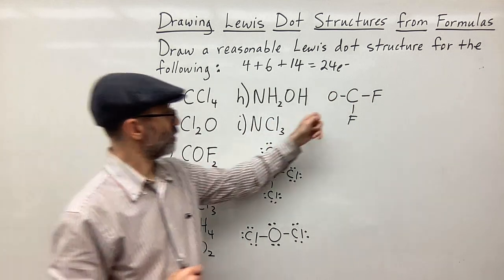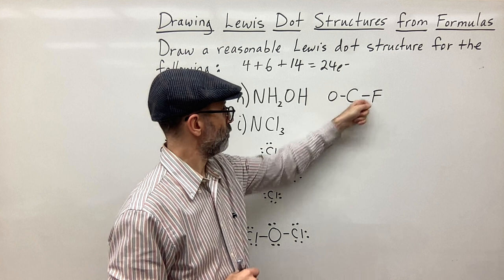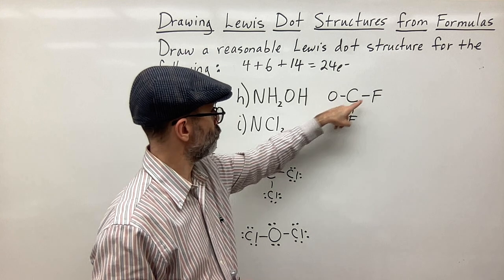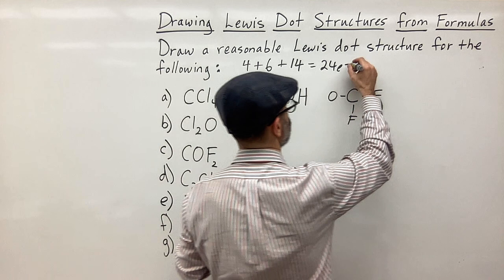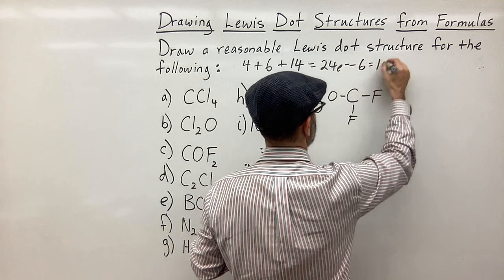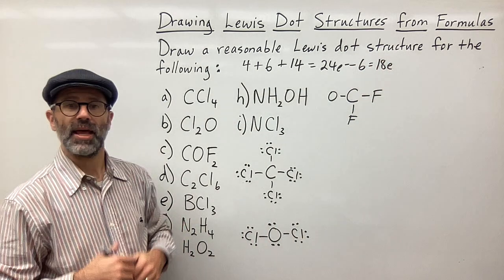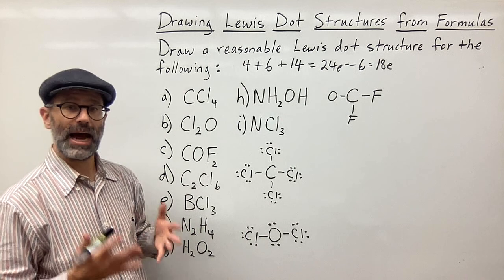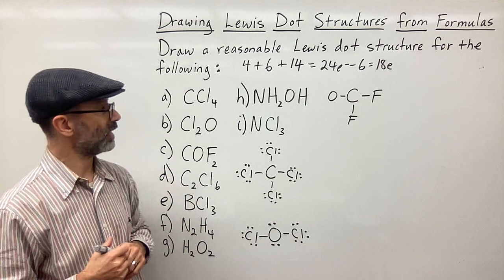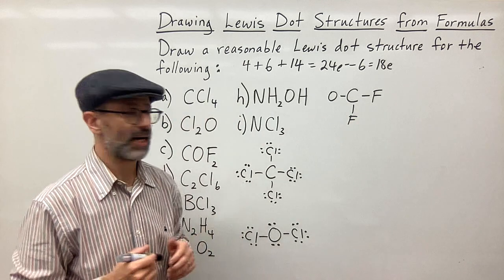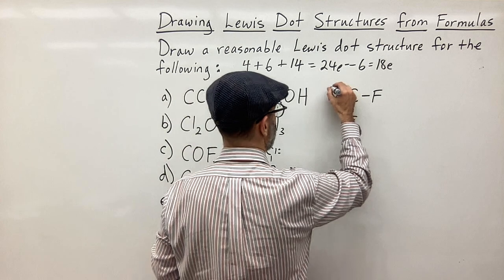So I need to subtract out the electrons from the bonds from my total. That's going to be 2, 2, and 2. That's 6. So I'm going to subtract out 6, and that's going to leave 18 electrons left. Step 3, add lone pairs to your outer atoms to give them an octet if they need it. Oxygen, fluorine, and fluorine all need an octet, so they need lone pairs.